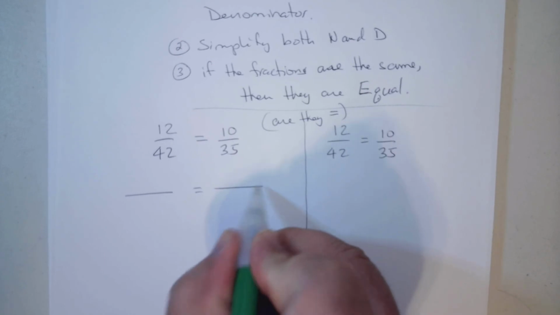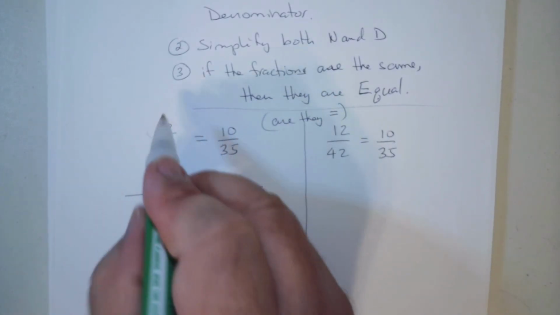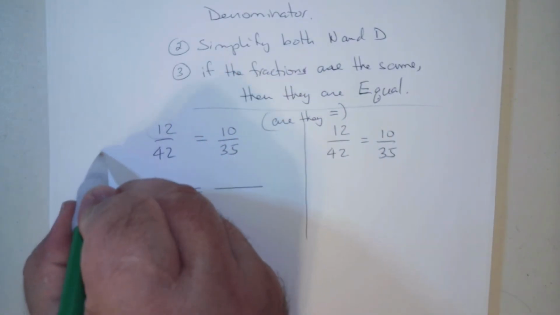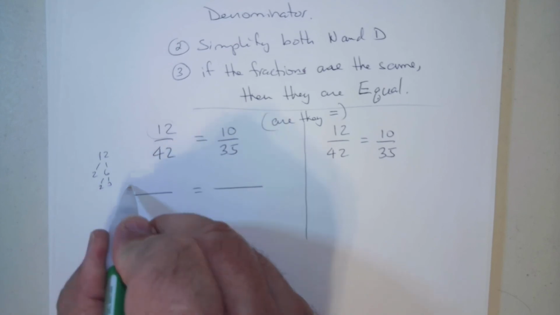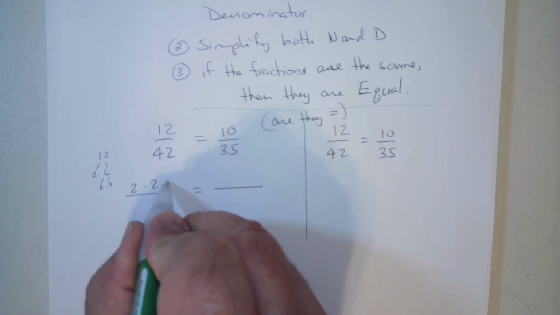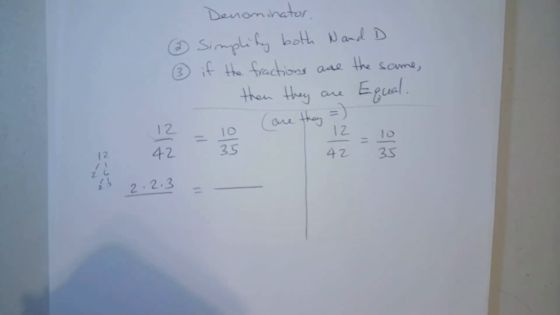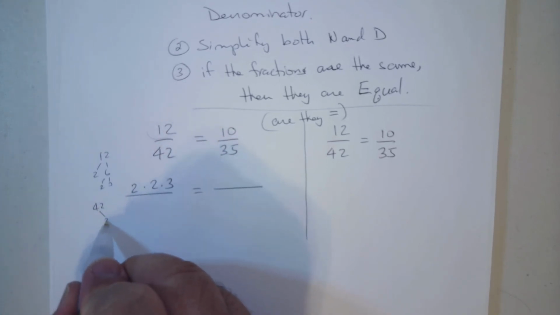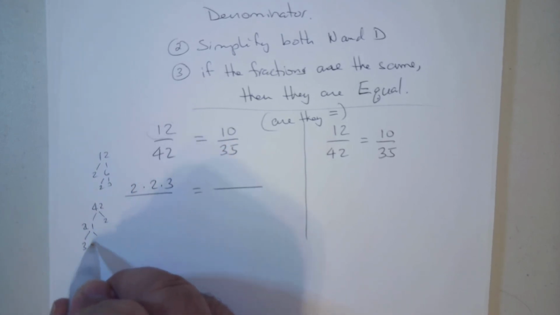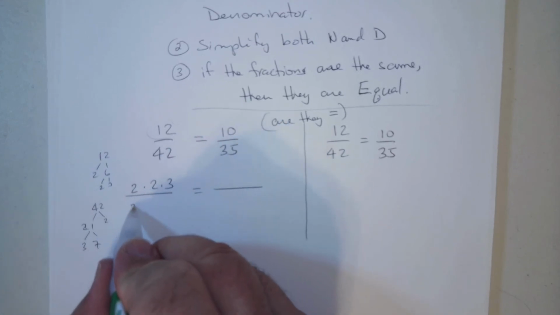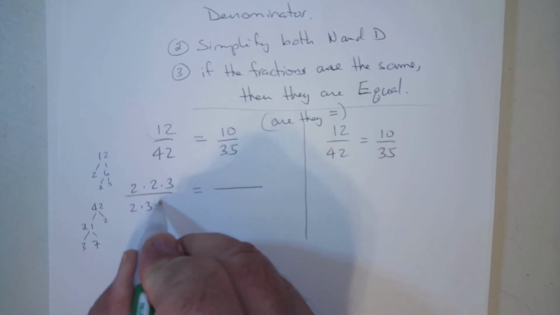So what this thing says is factor. What is 12 made of? 2 times 6. 2 times 3. So 12 is made up of 2 times 2 times 3. 42 is 2 times 21. 21 is 3 times 7. So 2 times 3 times 7.